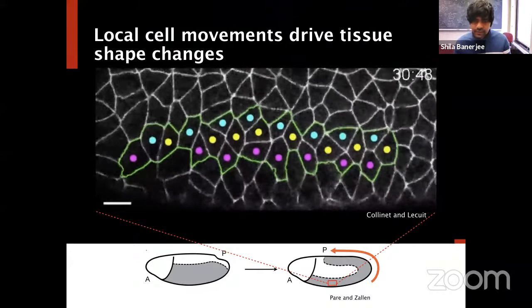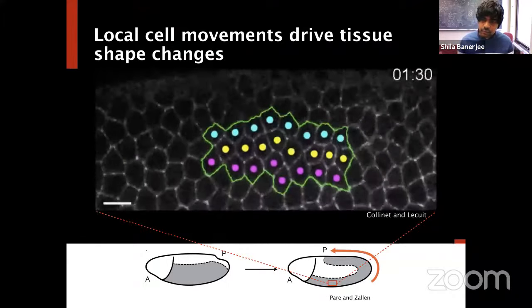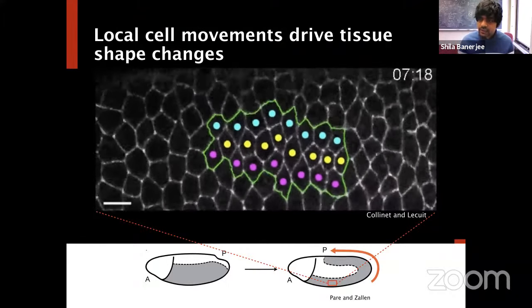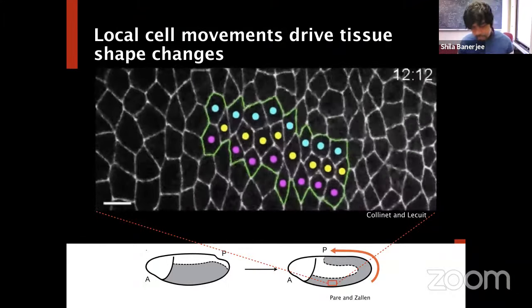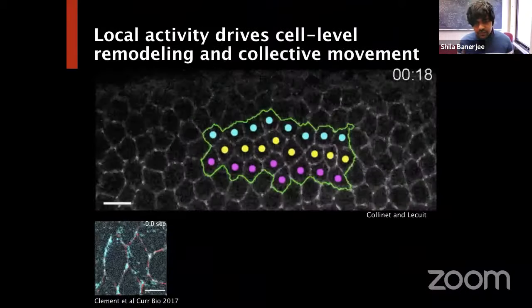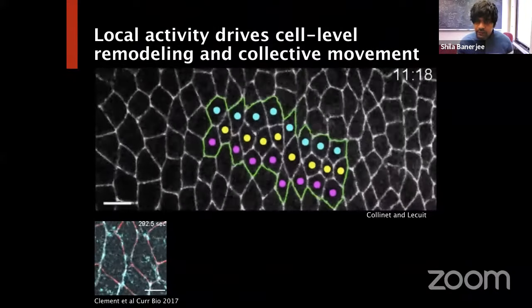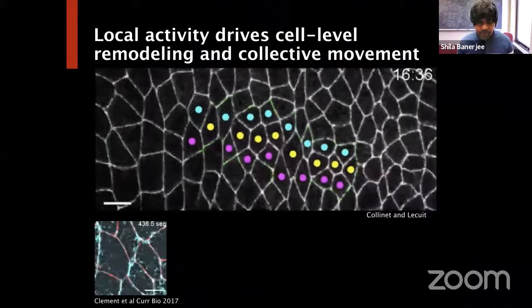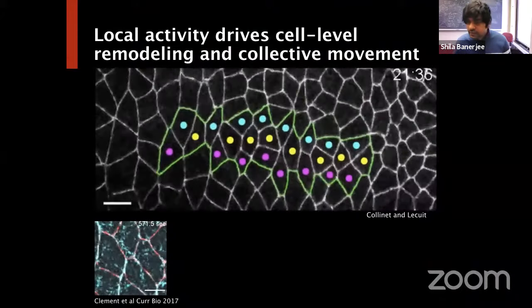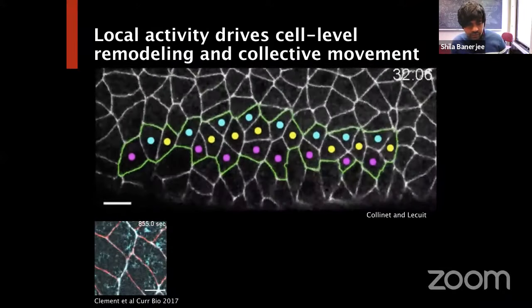Rows of cells intercalate to form fewer and longer rows, and this drives coordinated cell movements. And what's really happening behind this intercalation at the subcellular level are these pulsatile activities of Rho and non-muscle myosin that drive this ratcheting-like contraction that drives this elongation, okay?